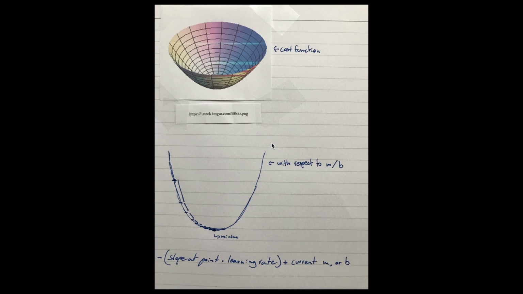Imagine this is just the graph of m, changing m's value with the other values constant, and this is how the cost function will behave with respect to m's change. I'm going to walk you through the concept of gradient descent now. Imagine we're at this point right here, and our ideal goal is to come all the way down to this point, the minima.